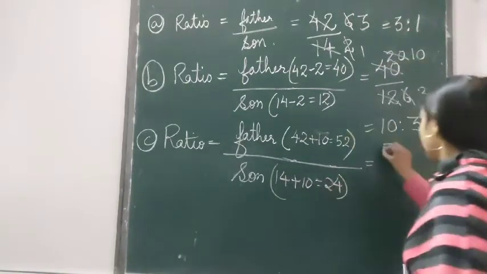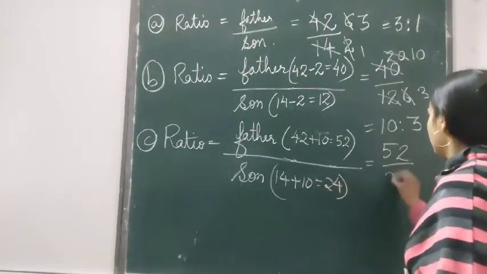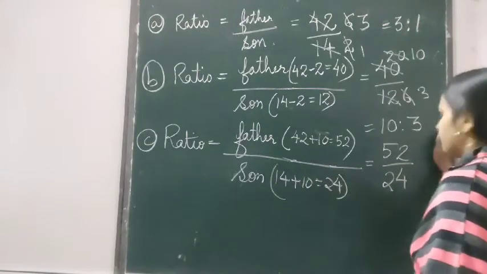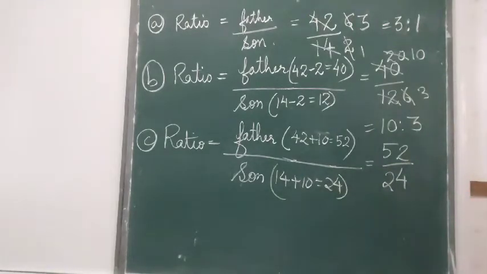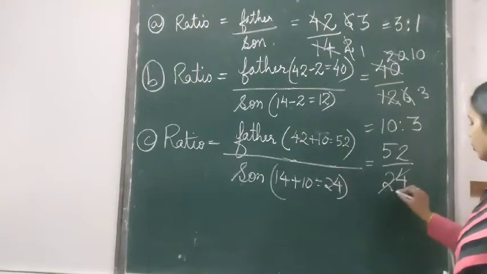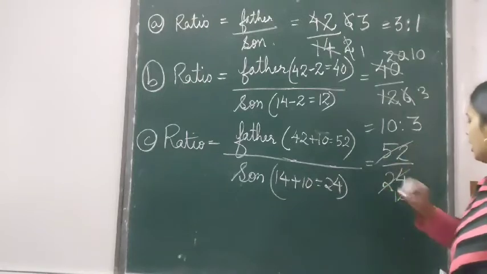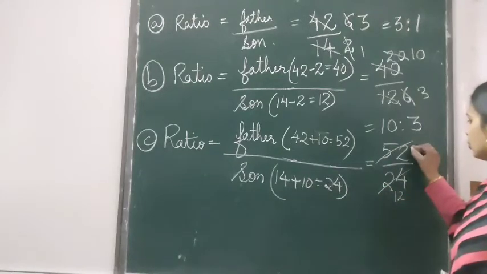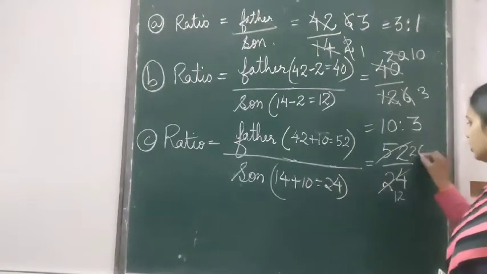That is 52 by 24. Okay children, now we will cancel 52 and 24. Both are divisible by 2. So 2 twelves are 24 and 2 twos are 4, 2 sixes are 12.